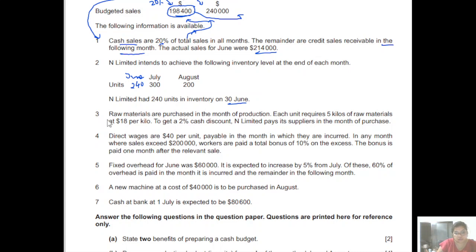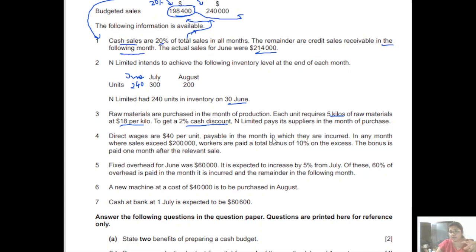Let's move forward. In the third part, they told you about the raw material purchase. Each unit requires 5 kilos of raw material, and the per kilo rate is $18, and they got a 2% cash discount over here, and N Limited pays the supplier in the month of purchase only.